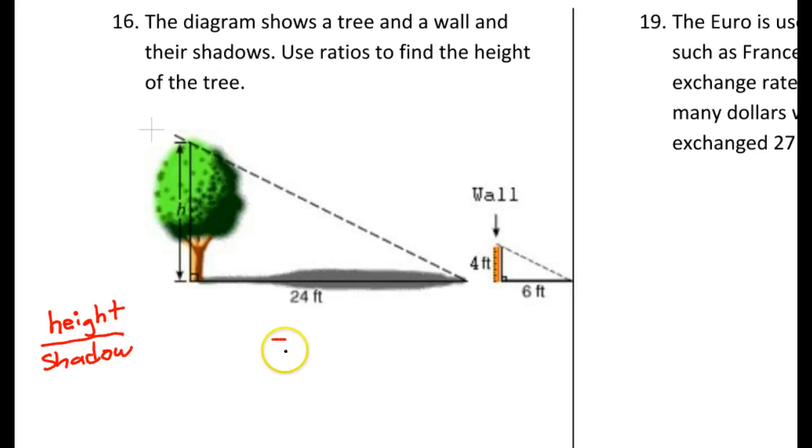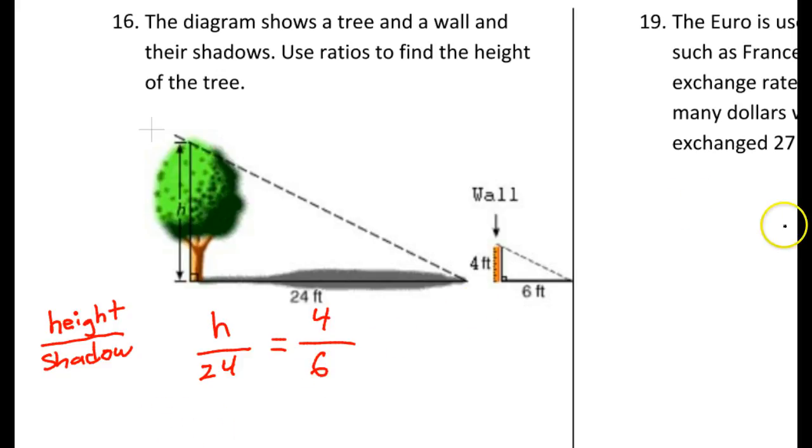And this is proportion, so we have two ratios equal to each other. The height's on top. The height of the tree, we don't know. That's h. And its shadow is 24. The height of the wall says it's 4. And its shadow is 6.